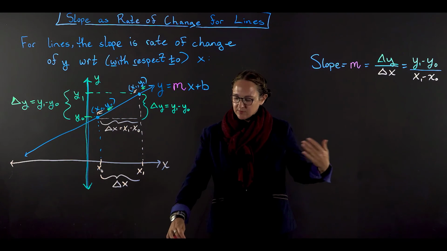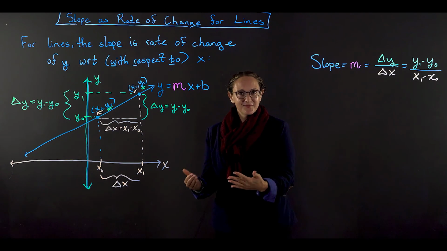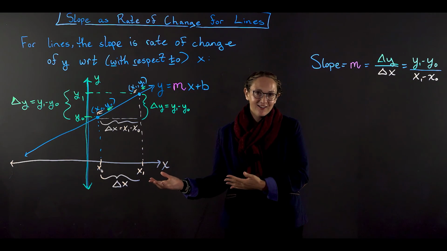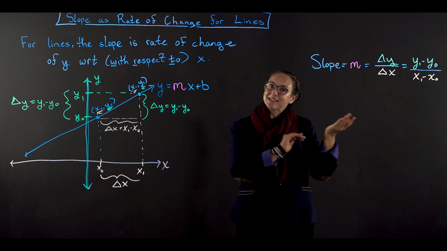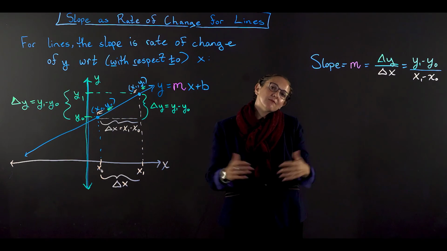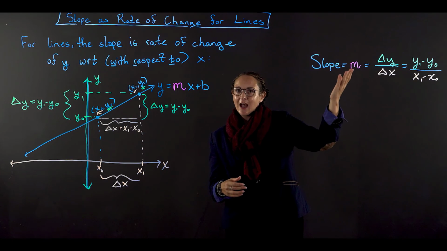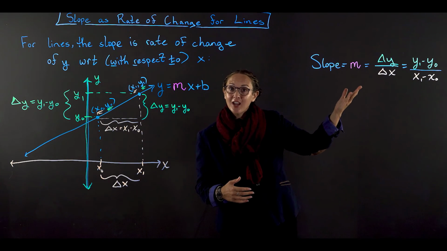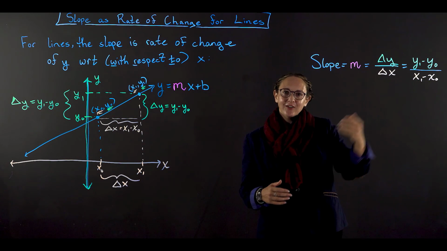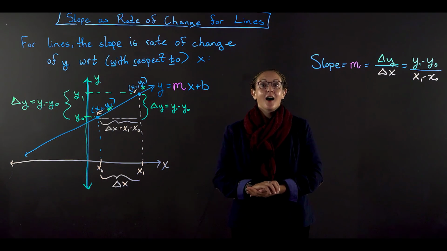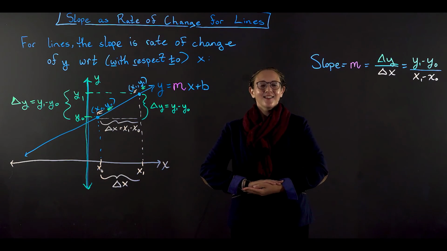Over the next few lectures we'll be zooming in, and you'll see that we can do this with a function that's not a line. But it's bringing it back to this same idea of rise over run: how does the y value, or the output value, when we're talking about a function, change when you change the input value, which is the x value? So I hope that made some sense, and I'll see you in the next lecture.